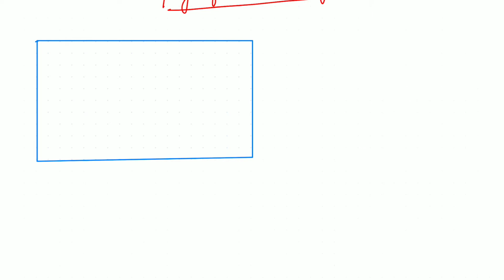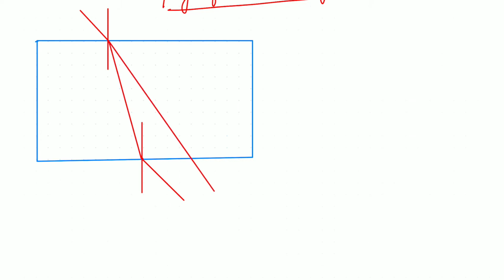Now let me make the rays here. We had a normal, so from the normal your rays are going like this, then again you have a normal here, and the rays are going like this, and it should be parallel, something like this.